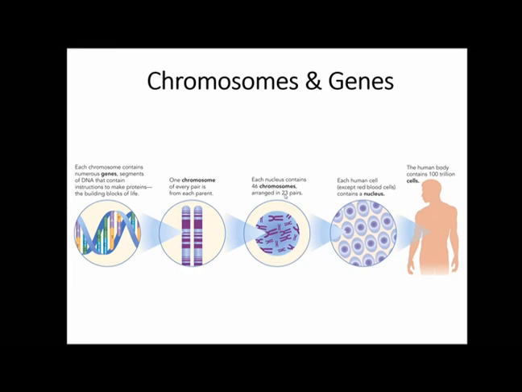If we get 23 chromosomes from your mother and 23 from your father, there are 46 total, and they exist as pairs. So we could look at this one here and this one here. This one comes from your mother, and this one comes from your father. And we could match them up because our different chromosomes are going to look just a little bit different.